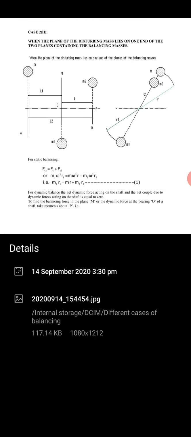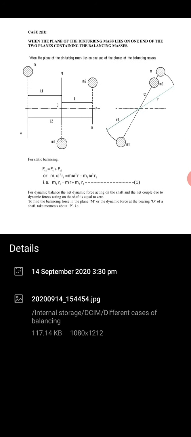So for static balance, since M1 is on one side, the centrifugal force of mass M1 should be equal to the centrifugal force of masses M and M2, because M and M2 will be pulled to the upper side and M1 will be pulled to the lower side.